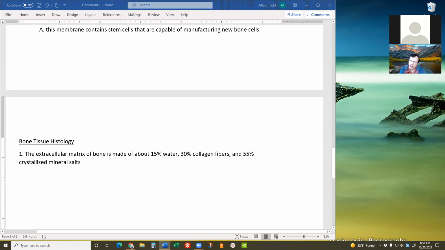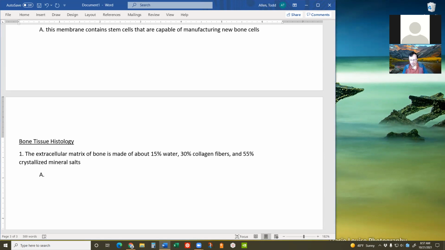If you think about what rock salt candy looked like, it looks strange because the actual sugar of the candy crystallizes and you get these weird geometries. But long story short, you're going to find a similar crystallization process in the minerals of the extracellular matrix of your bone. So I'm not telling you you have rock salt candy in your bone, but I am telling you you have small crystals in the extracellular matrix of the bone that provide part of the physical strength and structure of your bone.